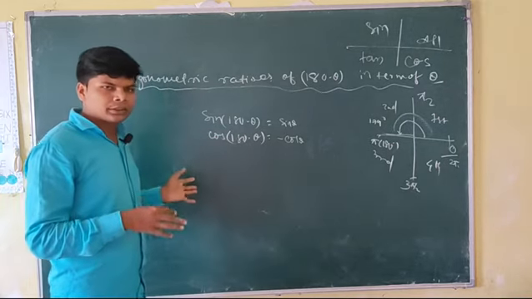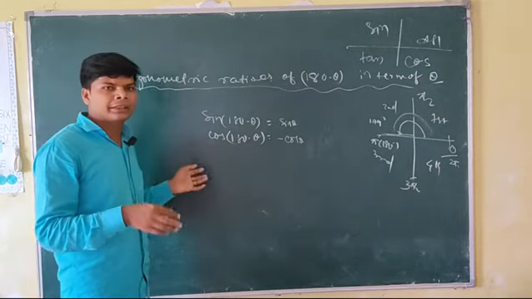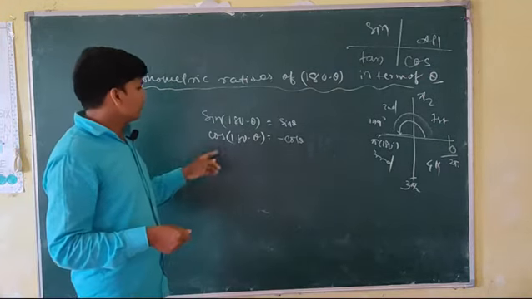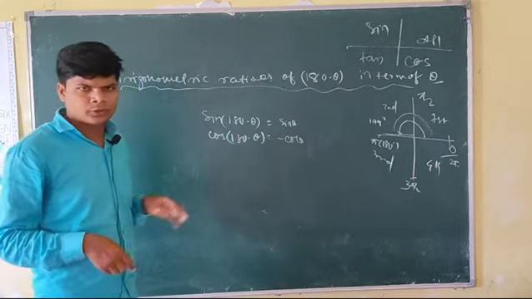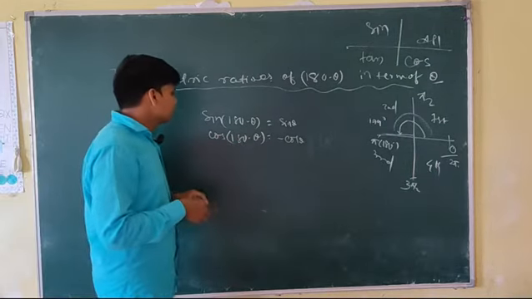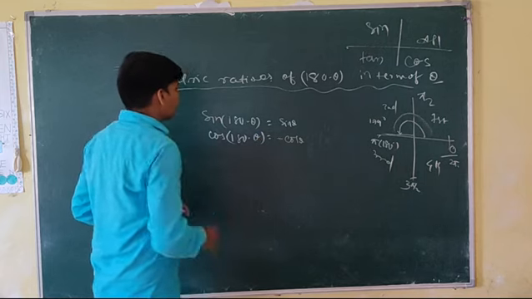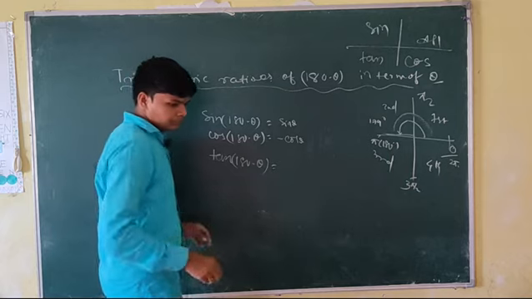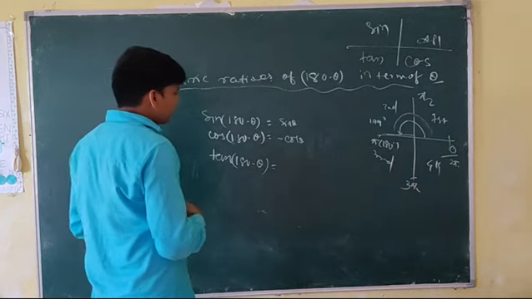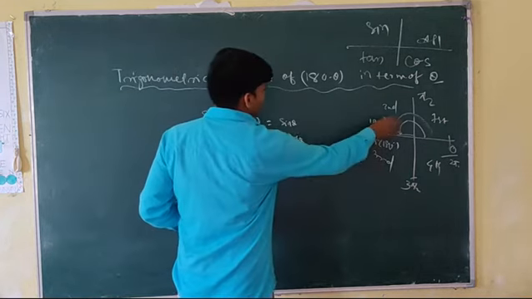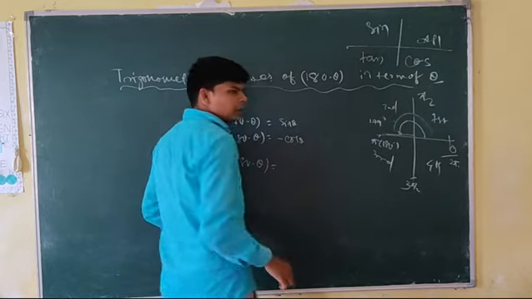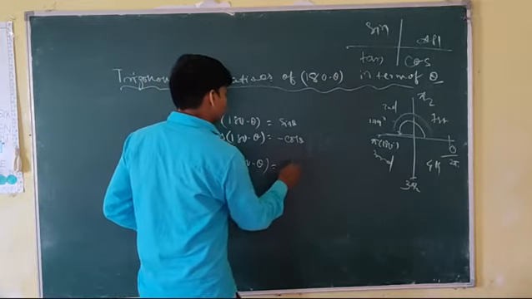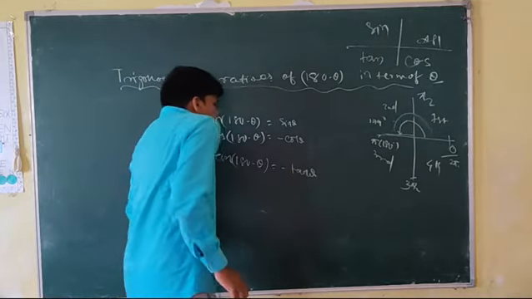We discussed and learned how to find this expression, but we just need to remember these formulas to solve problems. So tan(180 - theta) is minus tan theta. Why? Here only sine and cosec are positive, that's why minus tan theta.